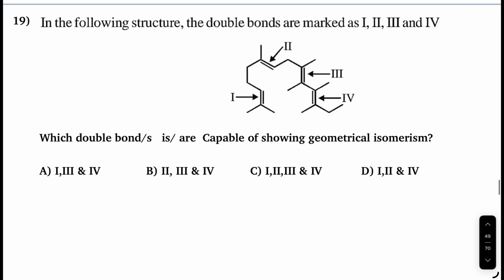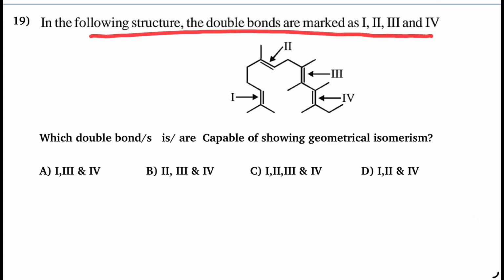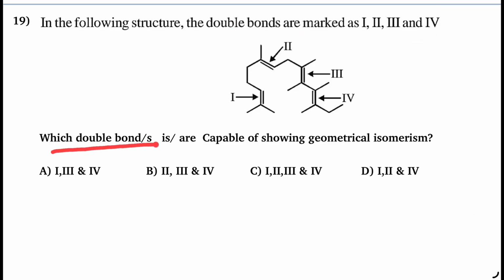The next one: in the following structure, the double bonds are marked as 1, 2, 3, 4. Which double bond or bonds are capable of showing geometrical isomerism? So which double bond is a geometrical center, he is asking. Here if you see, this is a methyl group, this is a methyl group. So definitely this is not a geometrical center, the first one.